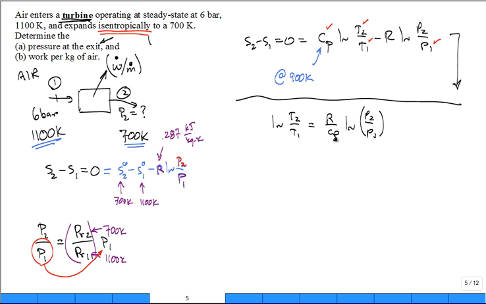See the algebra to go from there to there? Enough people got that algebra? Then I recall R is C sub P minus C sub V. Is that really true for an ideal gas?